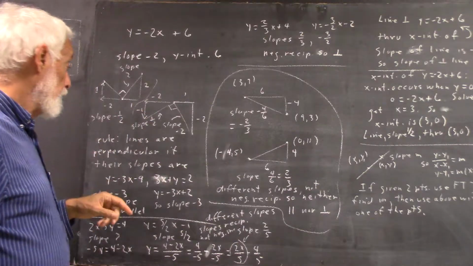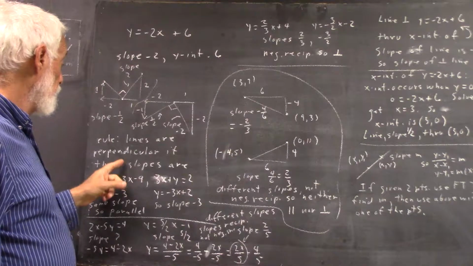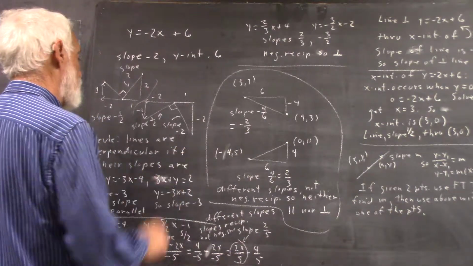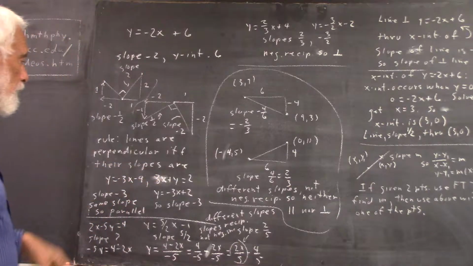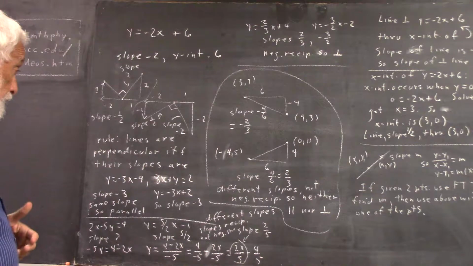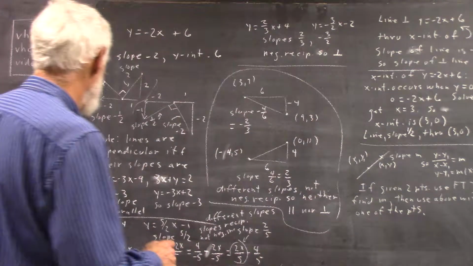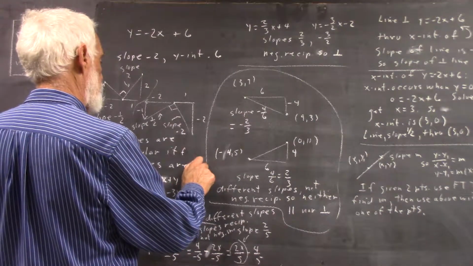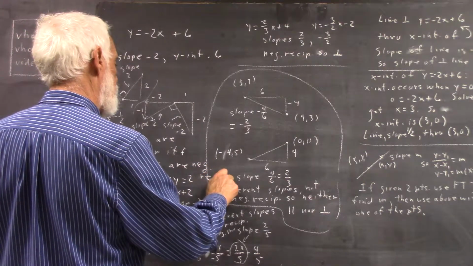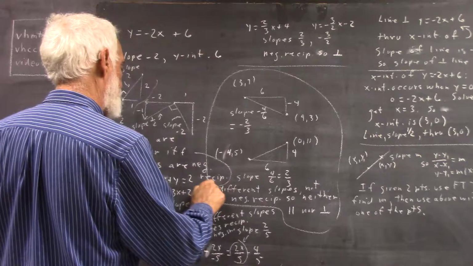But anyhow, the rule is that lines are perpendicular if, and only if, to be complete, their slopes are, and I never finished my sentence, did I? If their slopes are negative reciprocals.